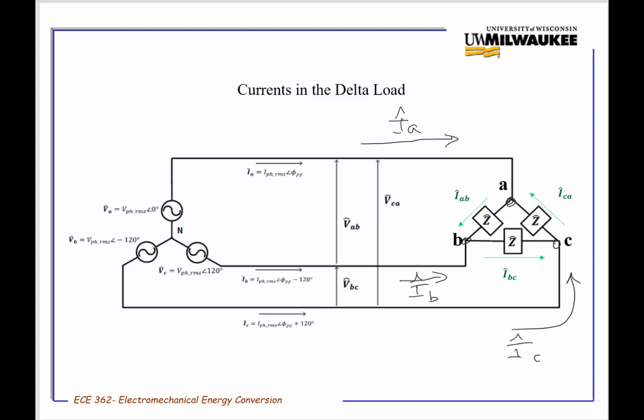If you look at the first node, for example, at this node A, the IA current coming from the source, the line current, is dividing up between the current going through the AB phase and the CA phase.